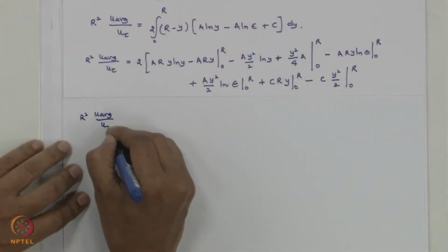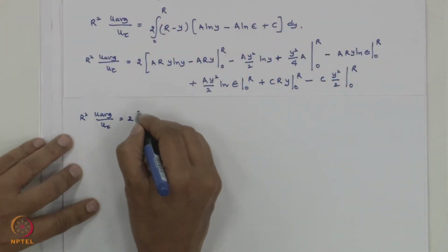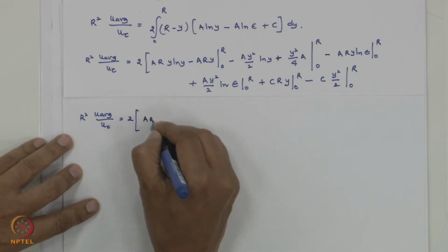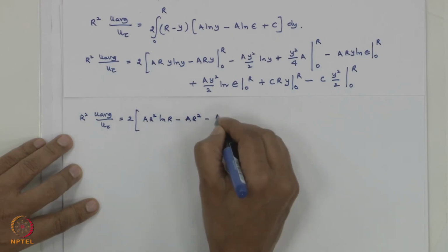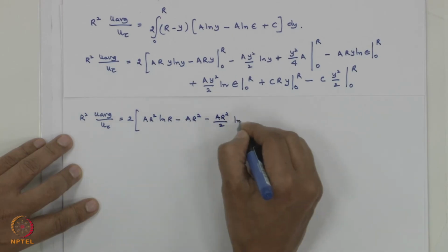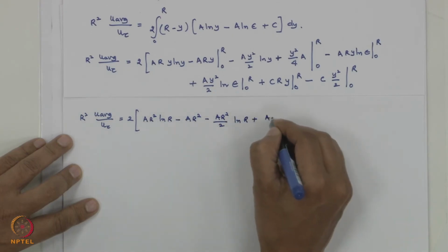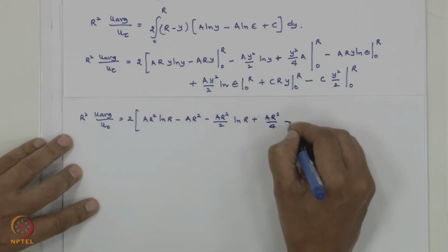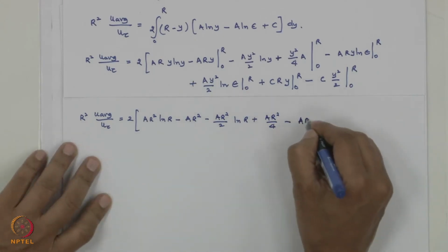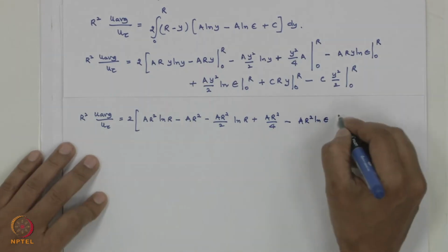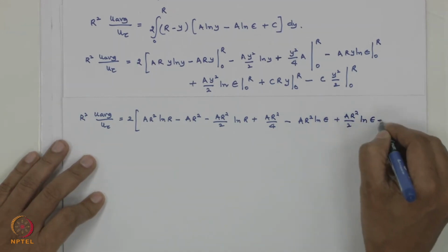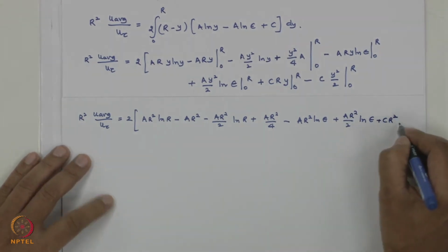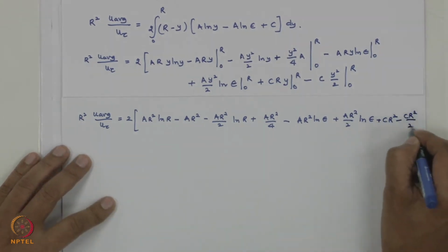R squared u average by u tau is equal to 2 into a R squared log R minus a R squared minus a R squared by 2 log R plus a R squared by 4 minus a R squared log epsilon plus a R squared by 2 log epsilon plus c R squared minus c R squared by 2.